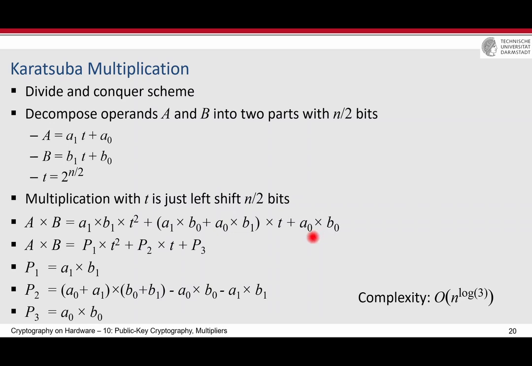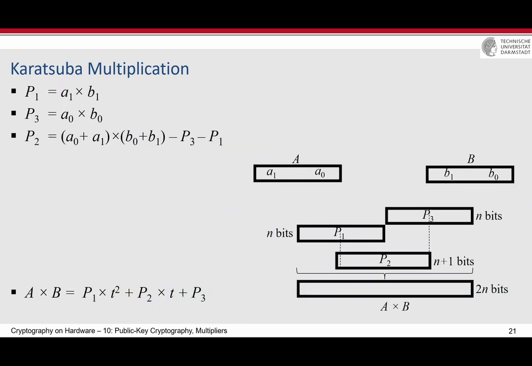The same is true here: you sum them up and subtract something which is not necessarily n bits, and the result can be n plus 1 bits. Then you need to position P2 in a correct position and sum it up.